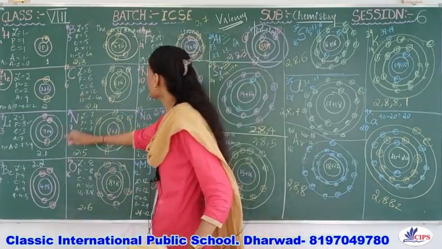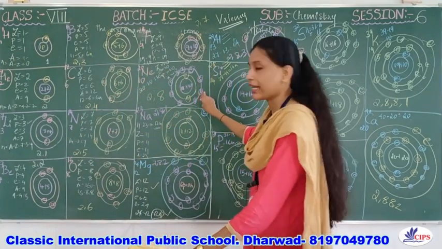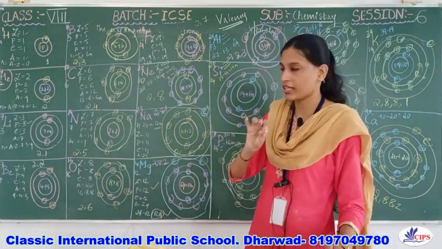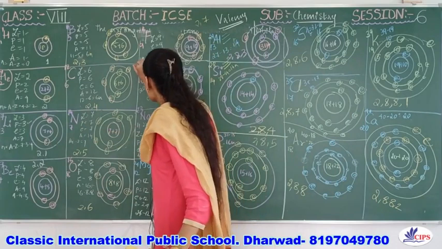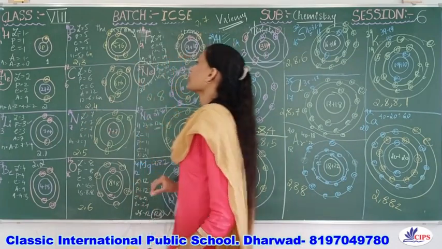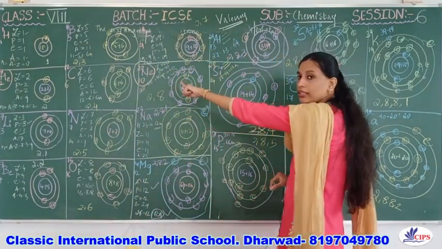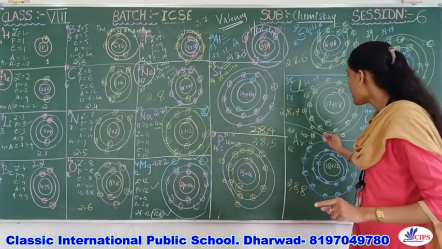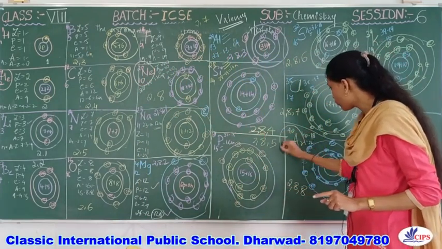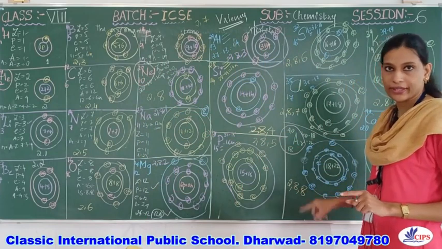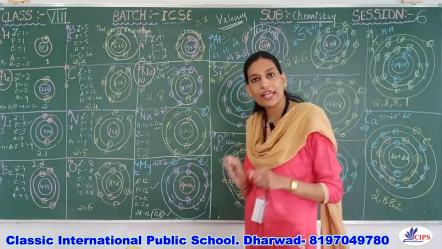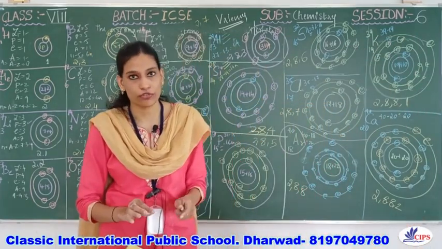Next we have neon, 2, 8. K shell is full, L shell is also full. Whereas argon is also full: 2, 8, 8. Its K shell, L shell and M shell are all full.